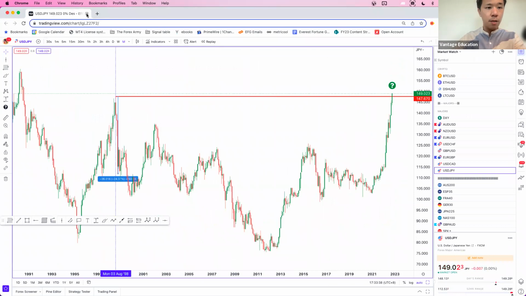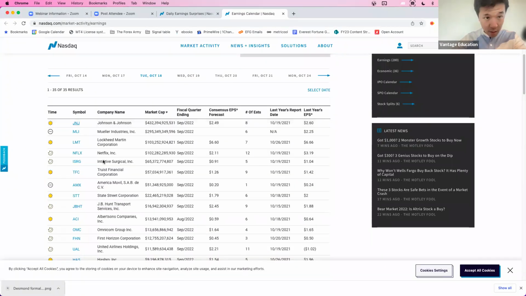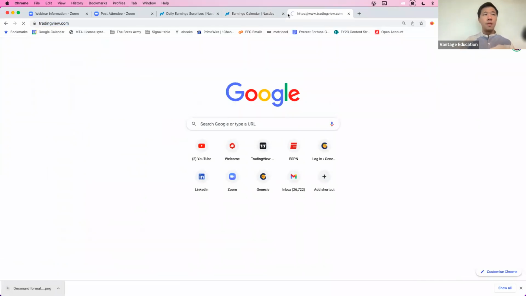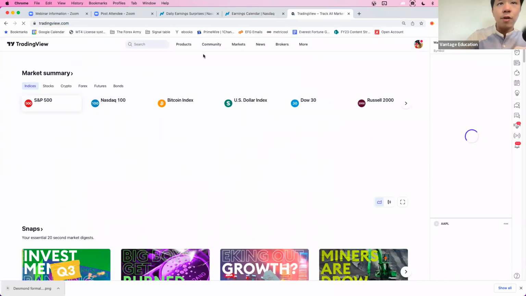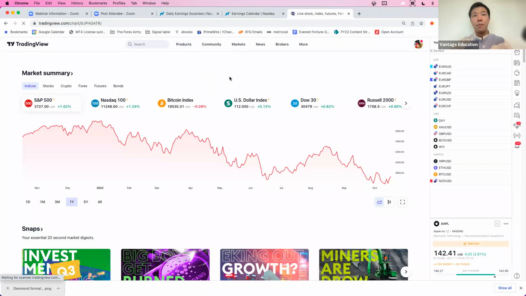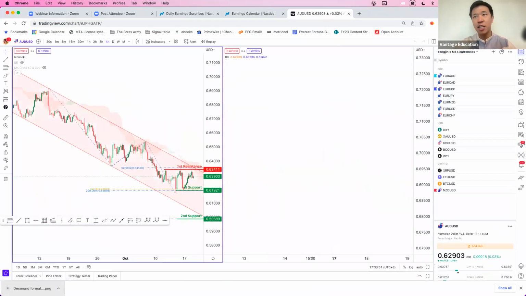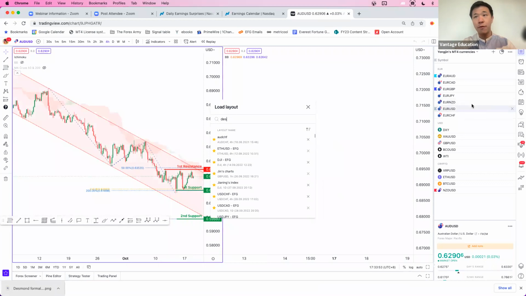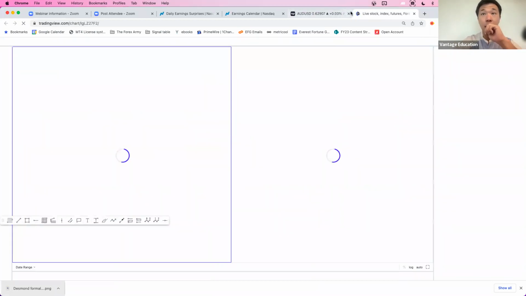Oops, is this the one? I just need to pull up TradingView. The website I use to analyze all the charts when it comes to trading is this site called TradingView. There we go.